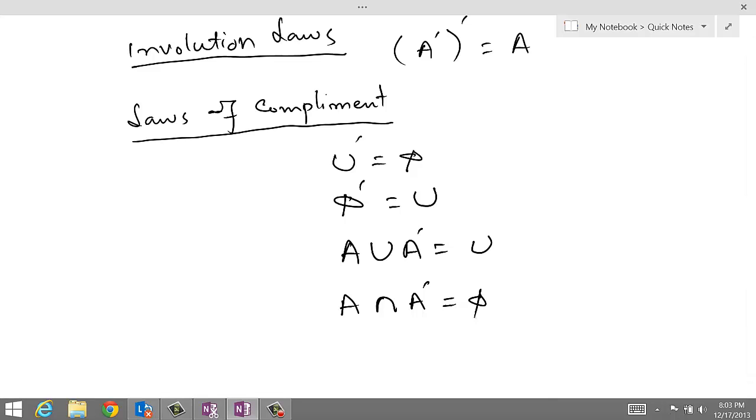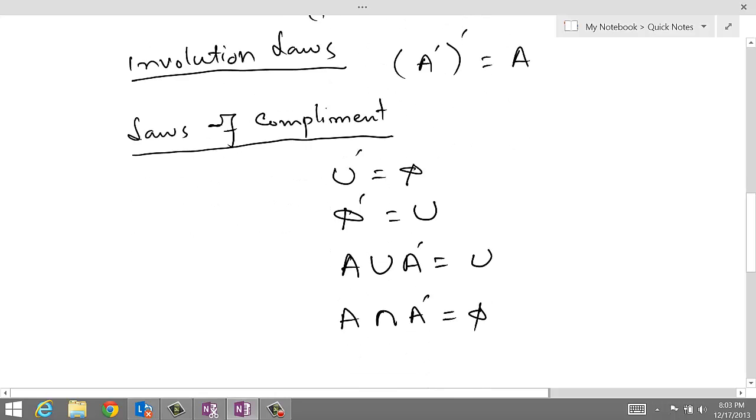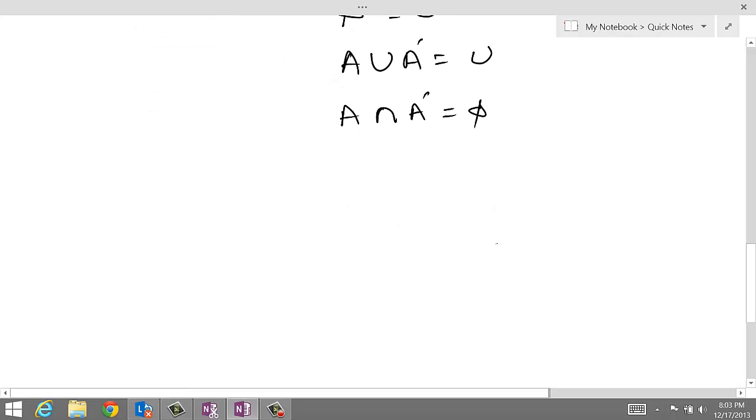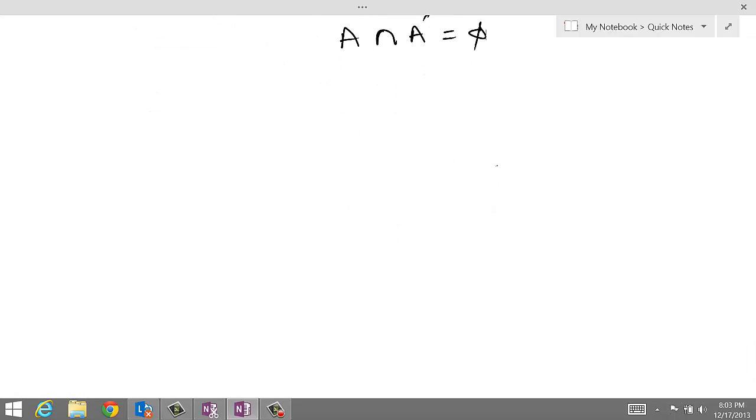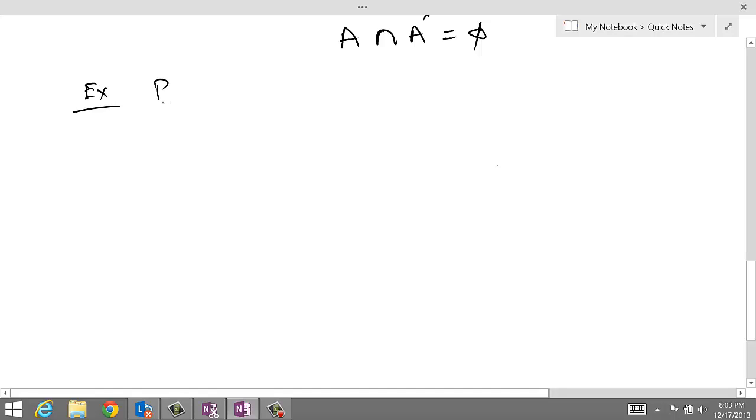If we want to prove these laws, we can take an example here. Prove De Morgan laws for the following sets.